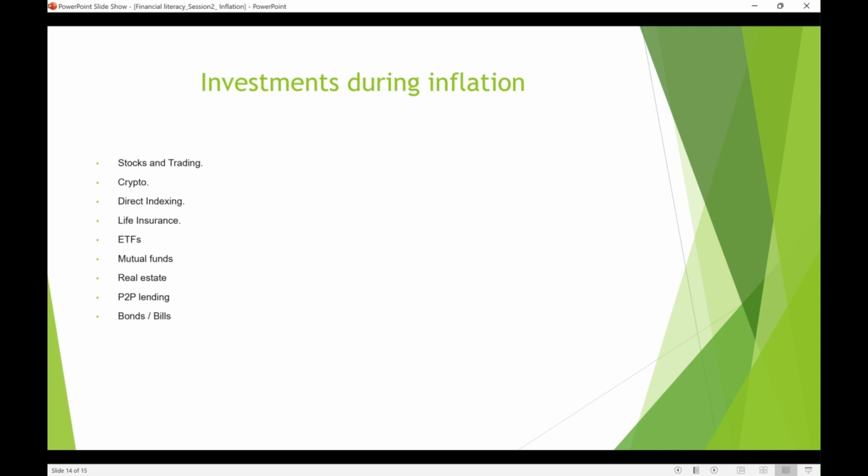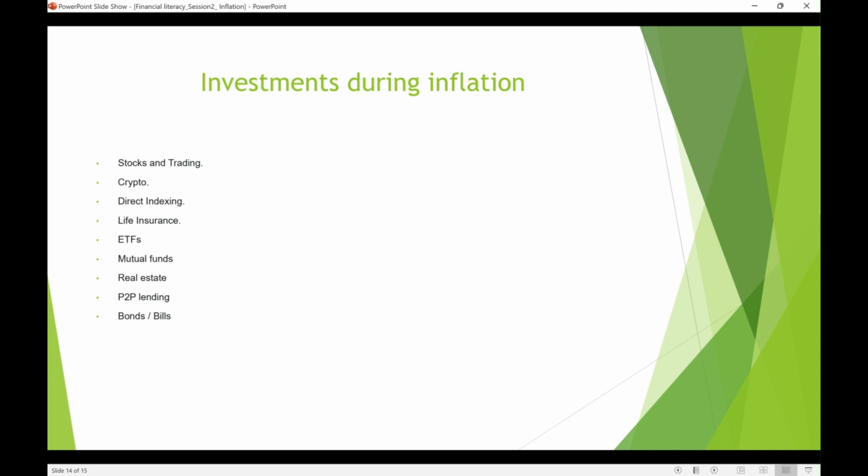And what are the good investments during inflation? You can't buy much property unless you're wealthy. If you depend on the bank, the rate of interest is so high that maybe the borrowing capacity is low. But whatever income you have, you have to secure it for the future. So invest in passive income. We talked about passive and active income. Whatever your active income is, a job or income you get through that job, keep some savings, at least 10% of your income, and put it into passive income from now onwards.